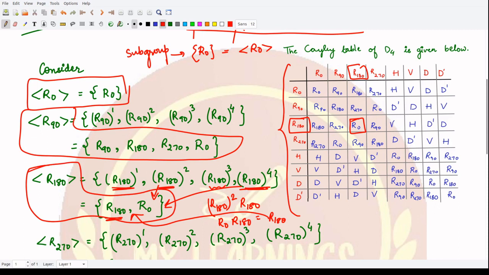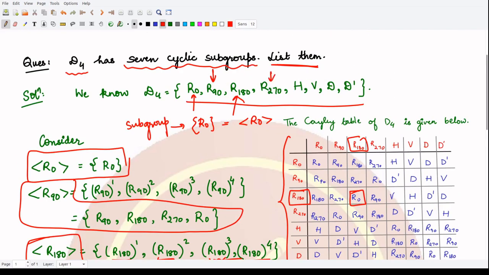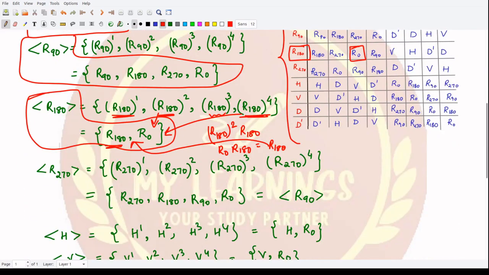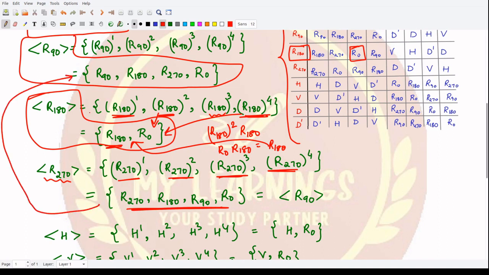Okay. Now let's take the fourth element here, R270. When you take R270 and its different powers, you just get back these 4 elements again and again. This is exactly equal to the elements that you obtained when the generating element is R90. So the subgroup generated by R90 is exactly the same as that generated by R270.